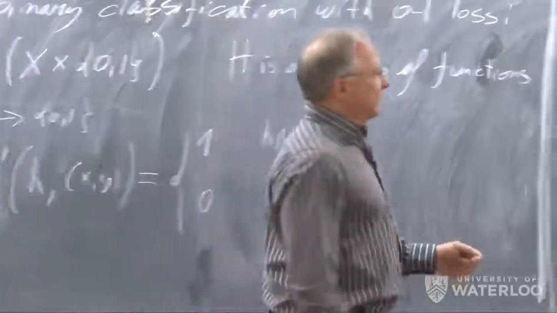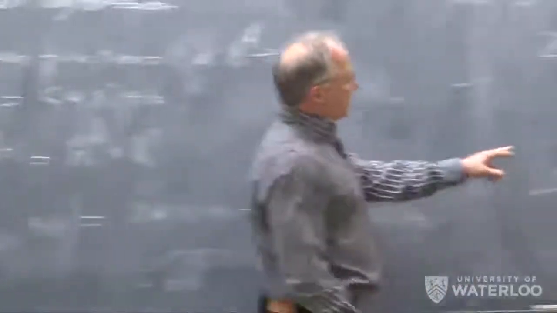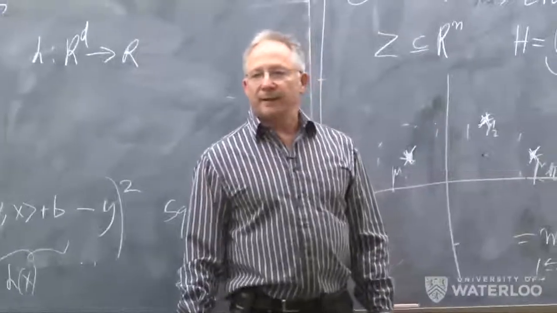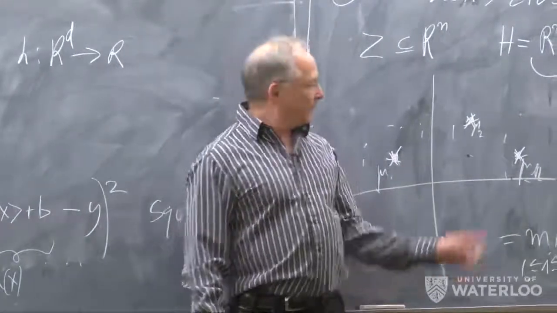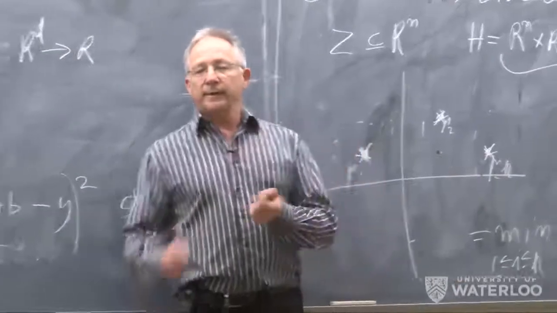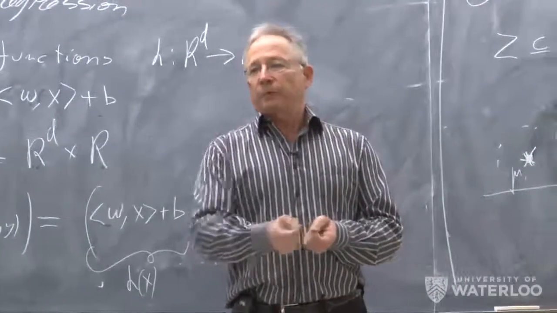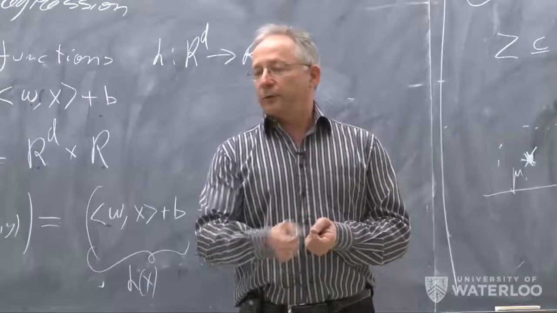So mu 1 to mu k is where I located my k pizza stores, and I get a point x. The loss is the distance of this x to the closest shop, because that's how far I'll have to drive to deliver it.